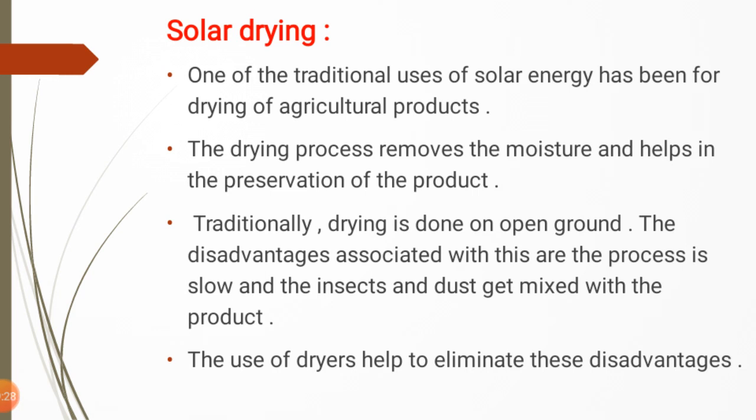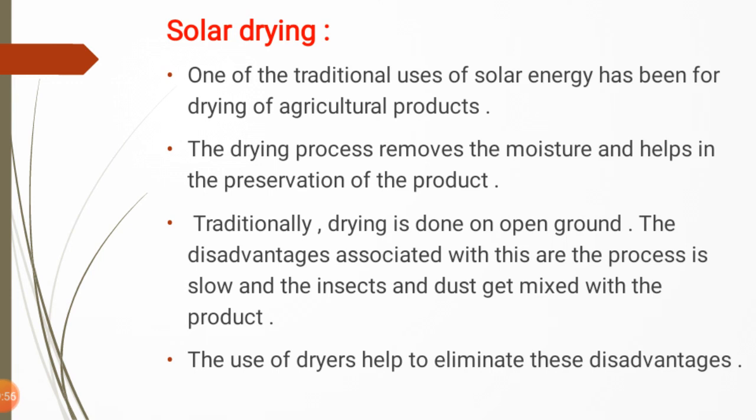The drying process removes the moisture and helps in the preservation of the product. That means with the help of solar energy, the moisture can be removed from the agricultural products and it helps in the preservation of that product. Traditionally, drying is done on open ground. The disadvantages associated with this are that the process is slow and insects and dust get mixed with the product.